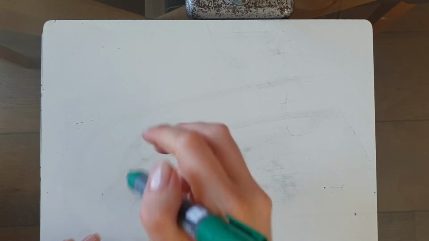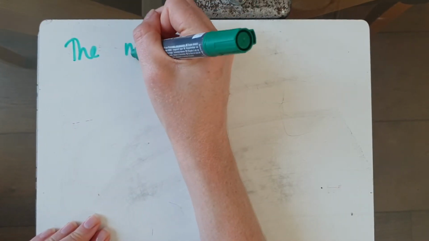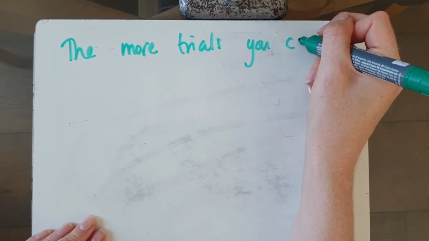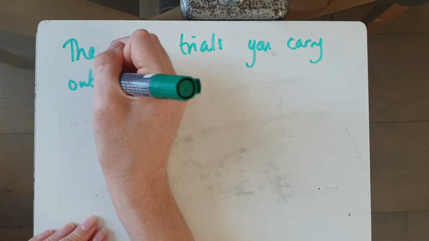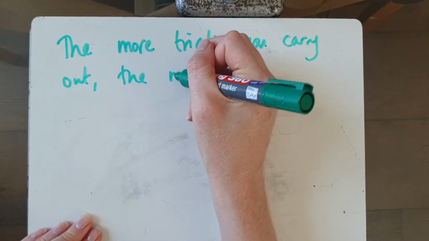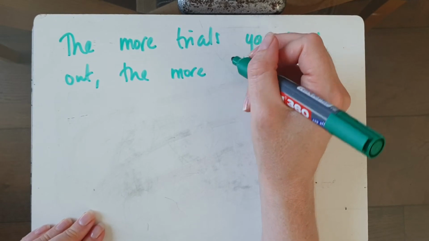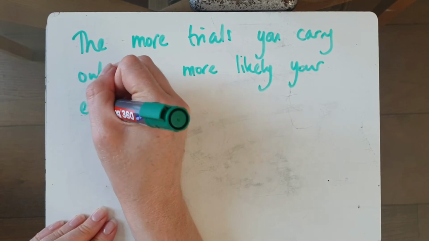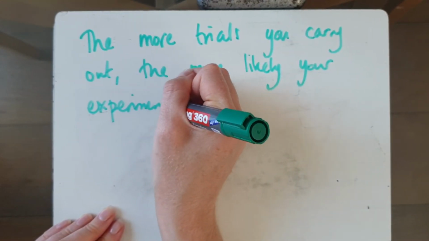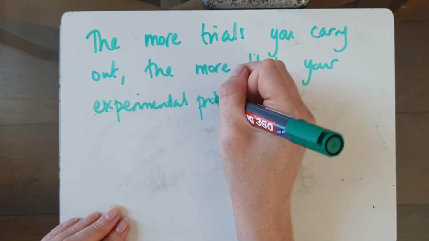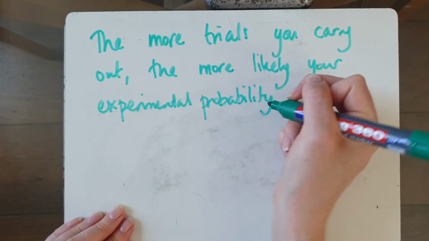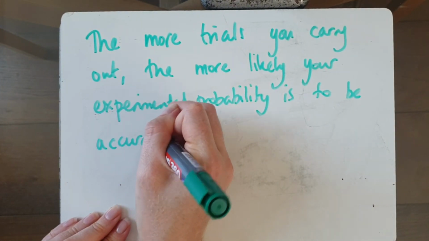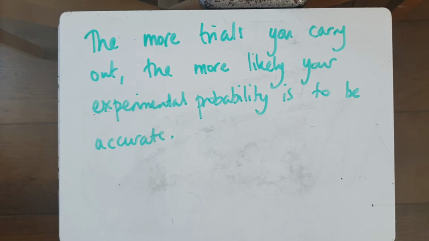A very important point in experimental probability is that the more trials you carry out, the more likely that your probability is going to be accurate. So your experimental probability becomes more accurate the more trials that you do. So copy that down as well, please.